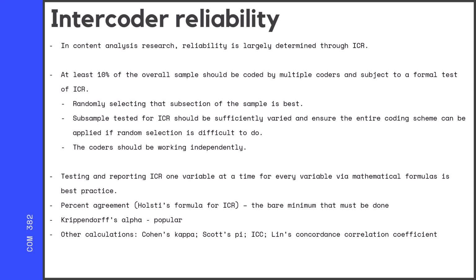He actually died recently. He was a communications scholar who was big into content analysis, and he determined this particular calculation for how much coders were agreeing with each other. There are other calculations that can be done. I won't go through the list of them, but it all depends on kind of level of measurement and what you're trying to do.